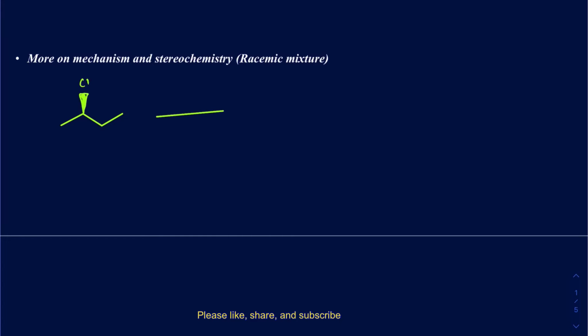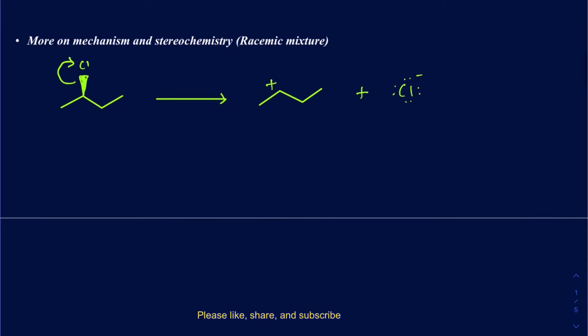So the first step here is going to be the loss of the leaving group. This leaving group is going to leave, and I'm going to be making a carbocation that's going to look like this. And that's going to be your first step, which is the rate determining step. Your second step is going to be the attack of the nucleophile.